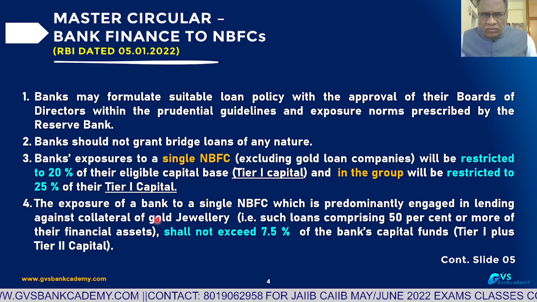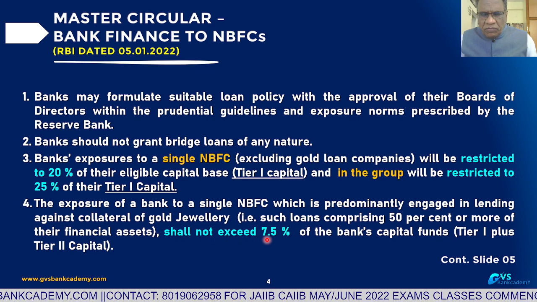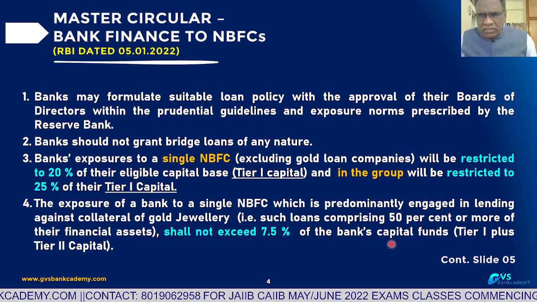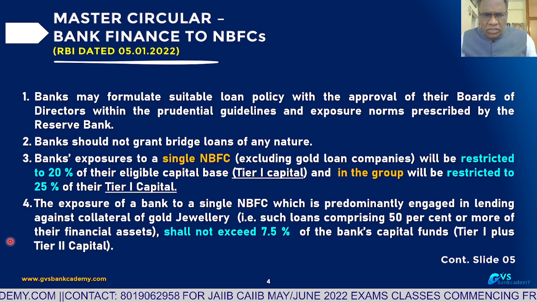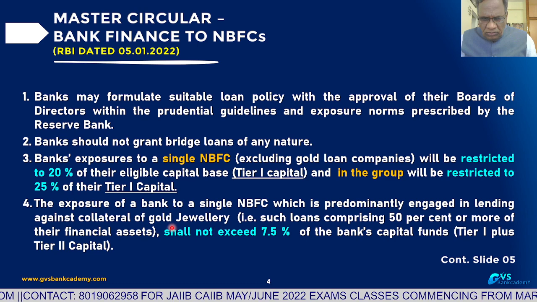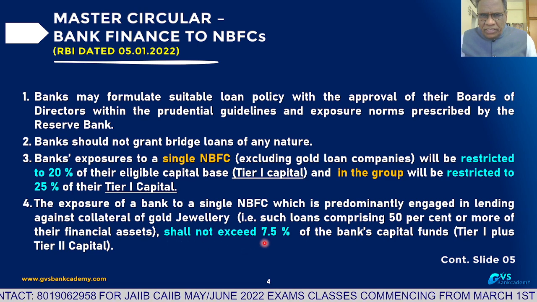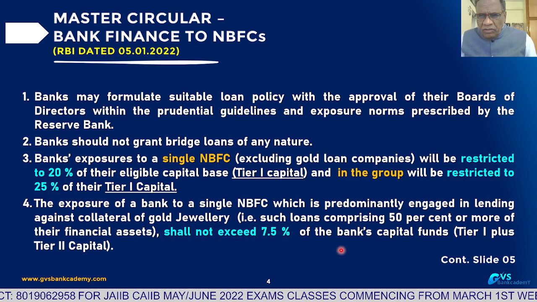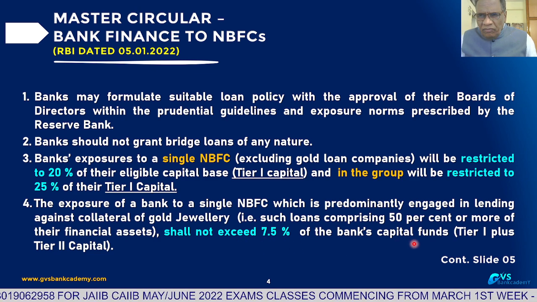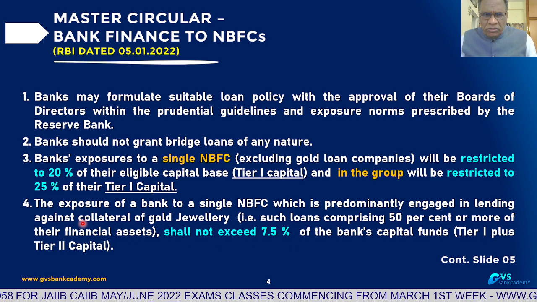For that, the exposure norm is not exceeding 7.5% of the bank's Tier 1 and Tier 2 capital. For gold loan NBFCs, maximum exposure not exceeding 7.5% of the bank's capital funds, that is Tier 1 capital plus Tier 2 capital. This is about gold jewelry finance companies.